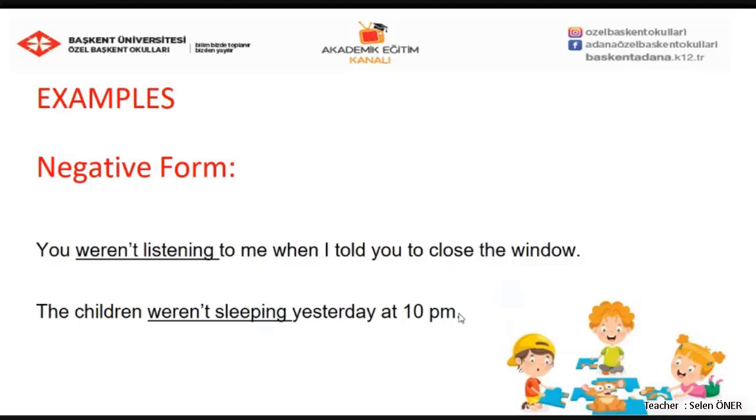You weren't listening to me when I told you to close the window. You weren't listening to me. The next example is, the children weren't sleeping yesterday at 10 p.m. Okay, they weren't sleeping. Look at the picture. They were awake, right? They weren't sleeping. So they were doing puzzles.